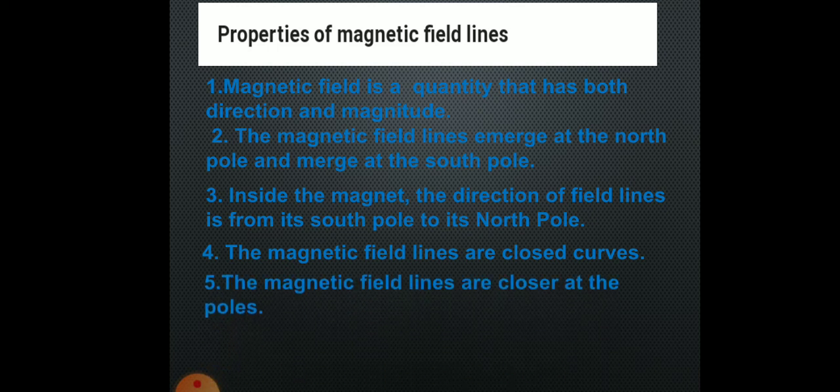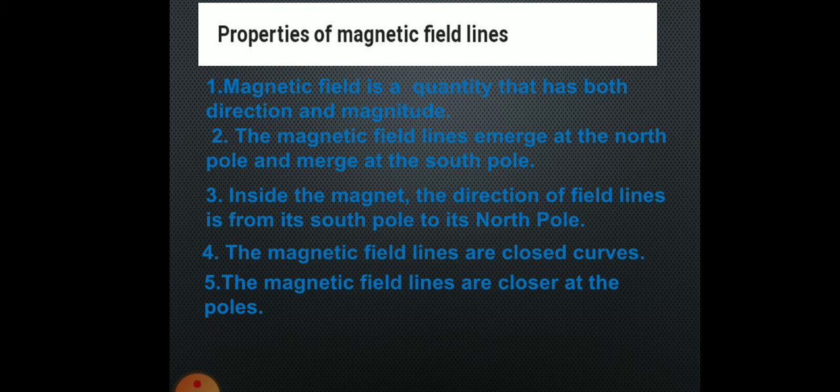And the strength of the magnetic field is as shown in the figure: the degree of closeness of the field lines shows the field is stronger, that is, the force acting on the pole of another magnet placed there is greater at the poles, okay?